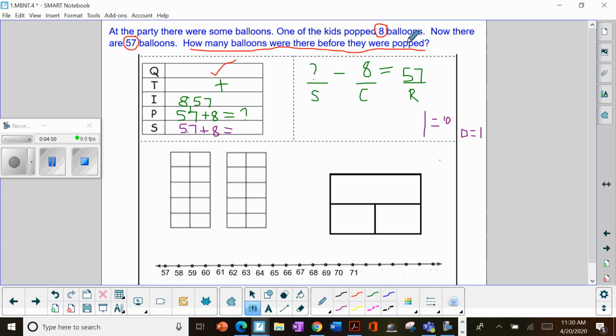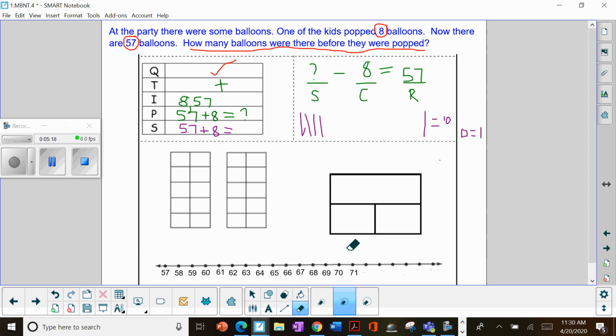So I know that the kid popped 8. But you know what, I'm going to start with this time, since I know I'm adding, I'm going to start with my 57. So we're going to start with our tens, 10, 20, 30, 40, 50, 60, 70. Ooh, Miss Hoyt, I was supposed to stop at 50, wasn't I?